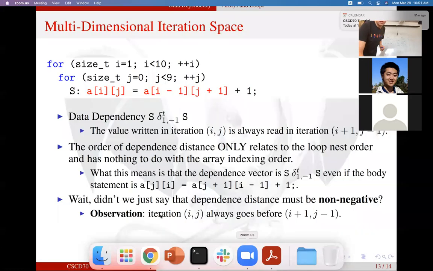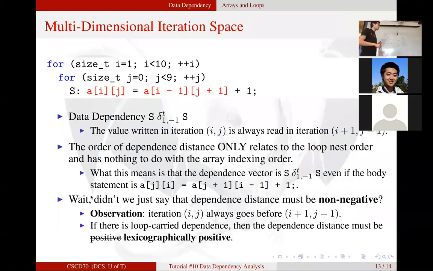It is only the value of i that matters here. So iteration ij always goes before iteration i plus 1, j minus 1, because it is only the outer loop that matters.